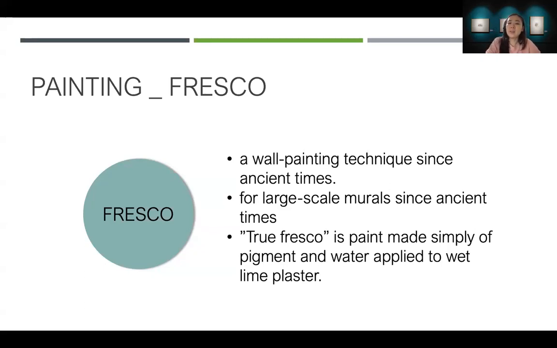The true fresco is paint made simply of pigment and water applied to wet lime plaster. As the plaster dries, the lime undergoes a chemical transformation and acts as a binder, fusing the pigment with the plaster surface.